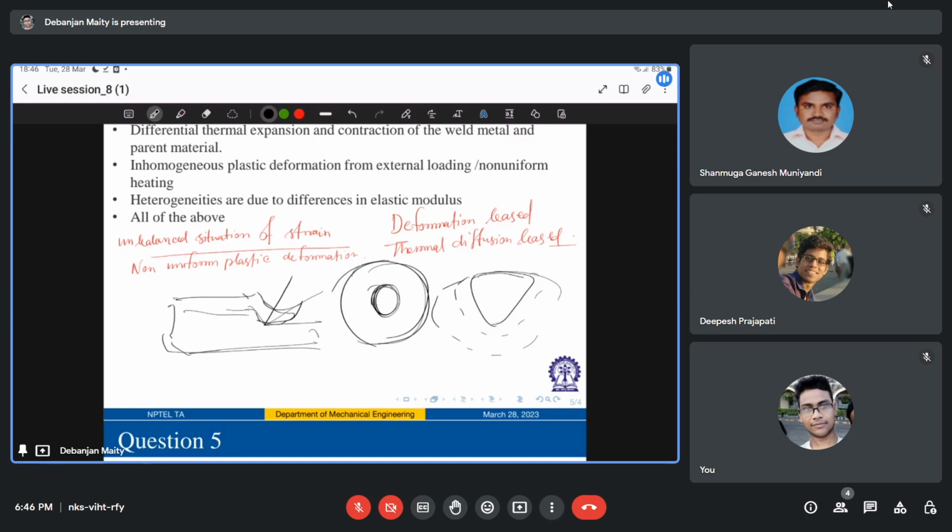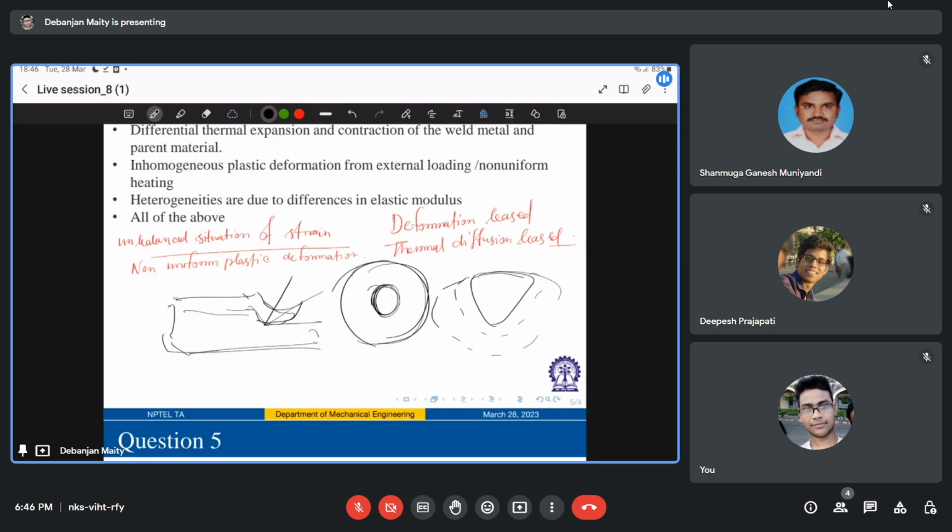So the most common source of thermally induced residual stress is a thermal process. As I was saying, heat treatment at various stages in manufacturing can lead to residual stress. From quenching, the outside part cools, and there can be a difference in the cooling rate, so for that also residual stress can generate.